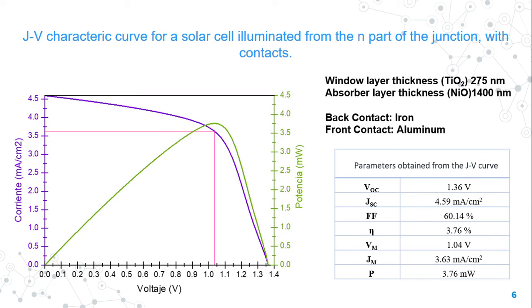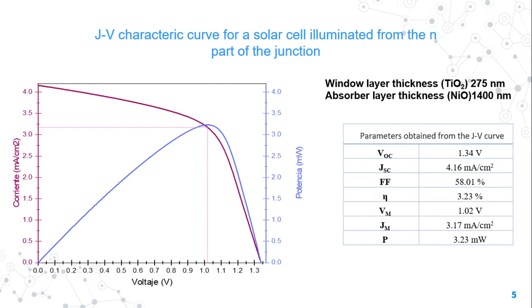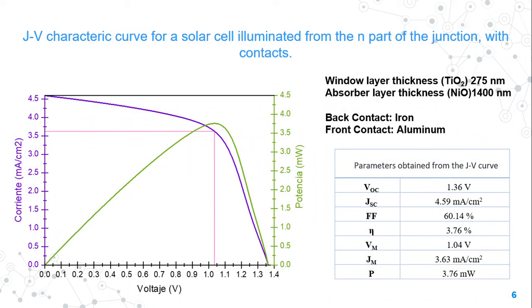When we have the simulation and have already found the thickness of both layers, we have to find the contacts that can make this simulation work better. For this, we have a back contact made of iron and a front contact made of aluminum, which increased the efficiency of the system from 3.23% to 3.76%.